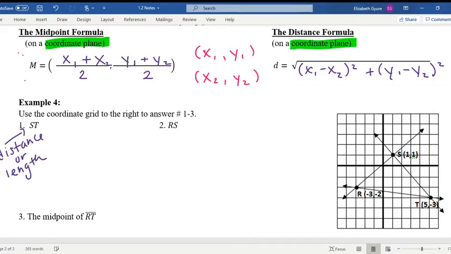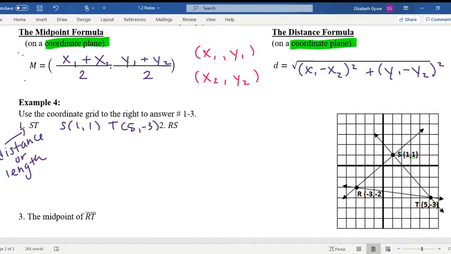Same idea in this situation, because the distance between S and T is the same thing as the measure of ST. The first thing I like to do is write down my coordinate points so that I'm not going back and forth to my picture. So point S is 1, 1, and point T is 5, negative 3.